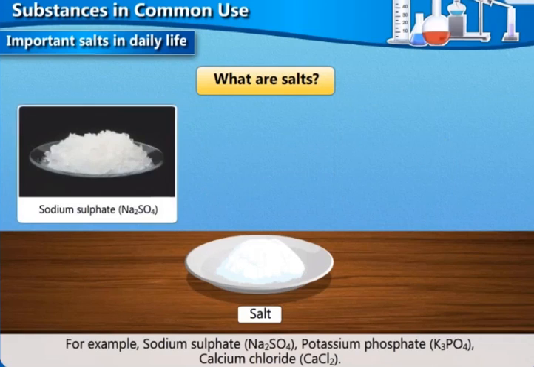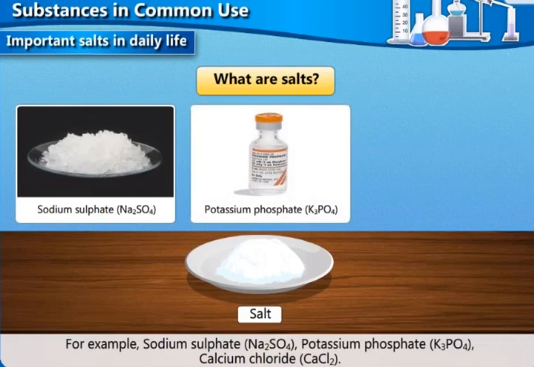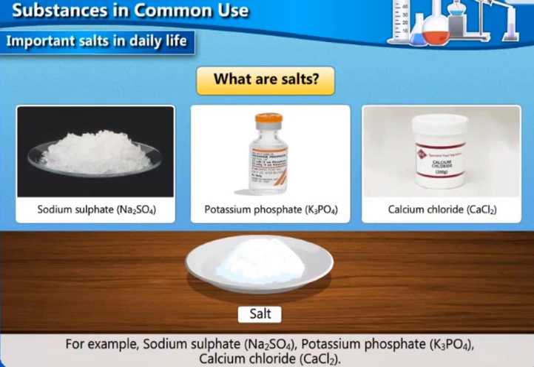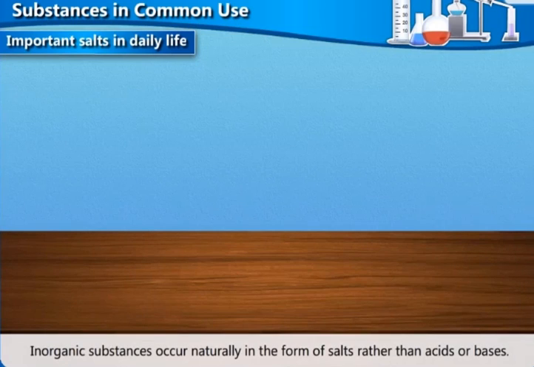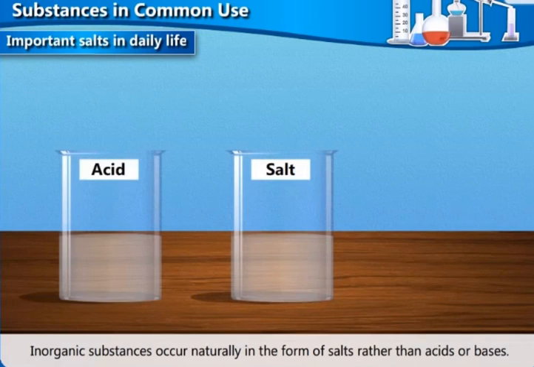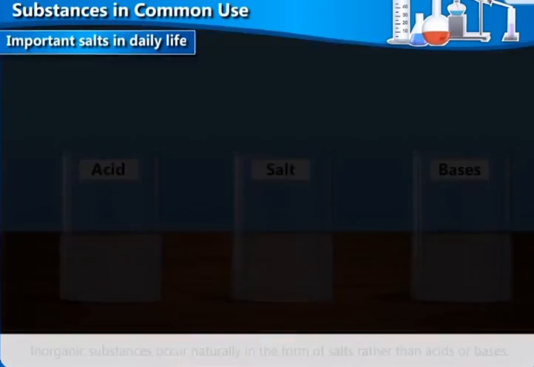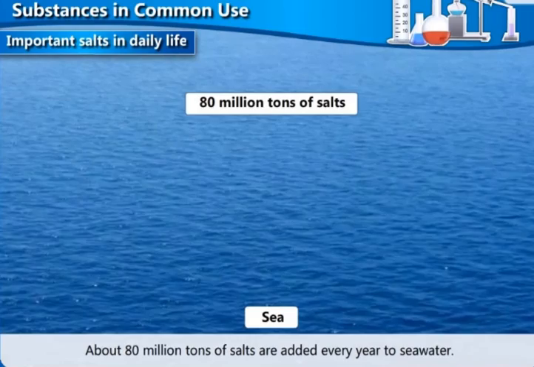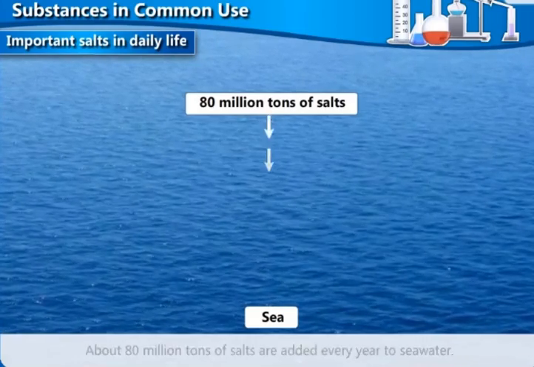For example, sodium sulfate, Na2SO4, potassium phosphate, K3PO4, calcium chloride, CaCl2. Inorganic substances occur naturally in the form of salts rather than acids or bases. About 80 million tons of salts are added every year to seawater.